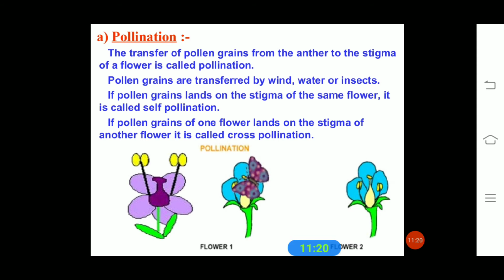So students, generally the pollen grains have a tough protective coat which prevents them from drying up. Since the pollen grains are lightweight, they can be carried by wind or water. Insects visit the flowers and carry pollen grains on their bodies. You might have seen small insects sit on flowers.